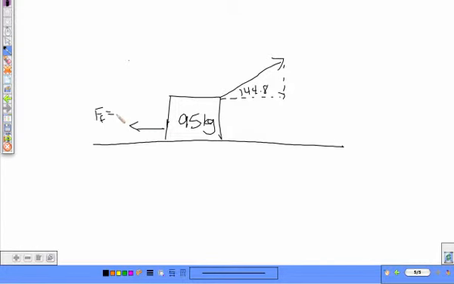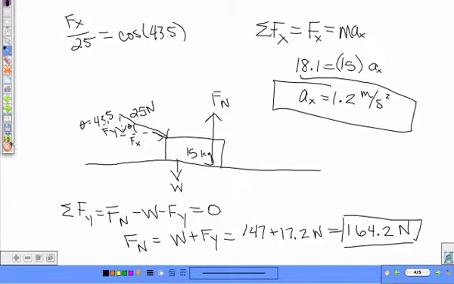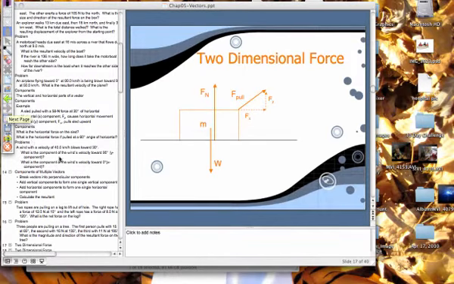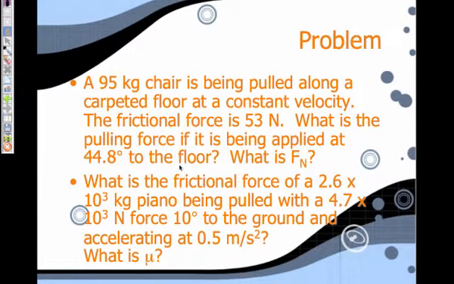The force of friction was that small? Wait, just a second. I think what I have on my, change it, oh shoot. Change it so it looks like mine.